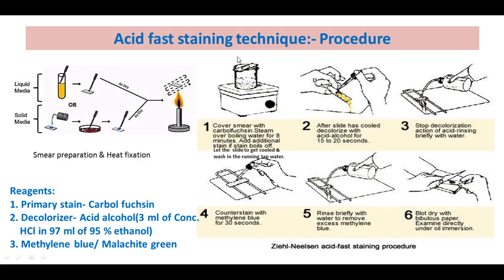So this technique involves the heat treatment that acts as a physical mordant, and the use of this carbol fuchsin that contains phenol that acts as chemical mordant, and both the things help to penetrate the basic fuchsin into the acid fast organisms.